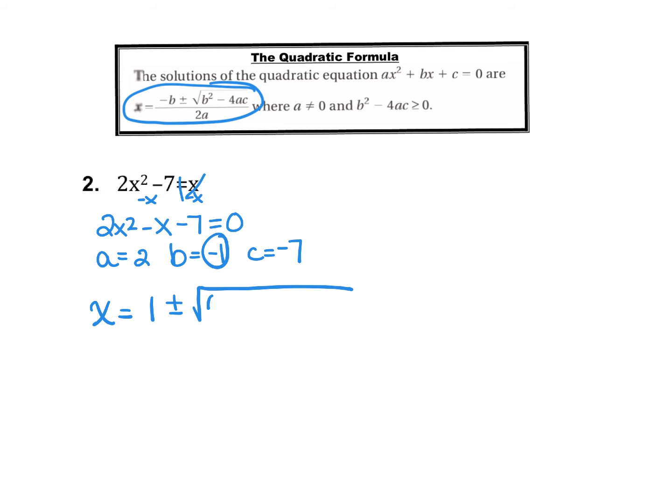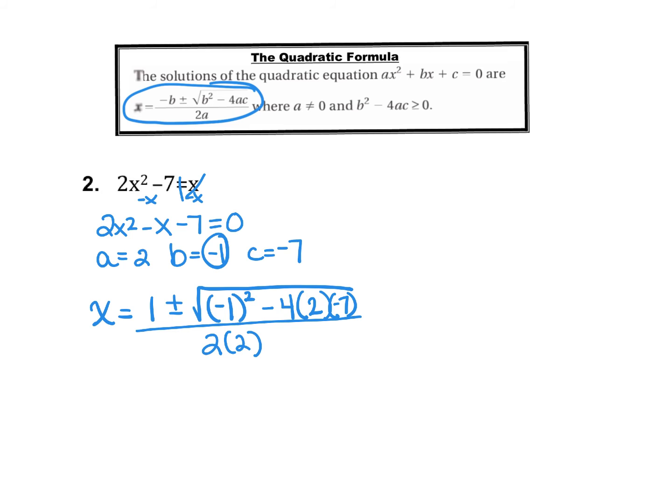When you enter this into your calculator, this whole square root piece, you do need to have parentheses around this -1, otherwise you're going to get an error. So you need to have the -1 in parentheses, and then -4 times my a, which is 2, and then my c, which is -7. Then we divide that by 2, and a is 2.